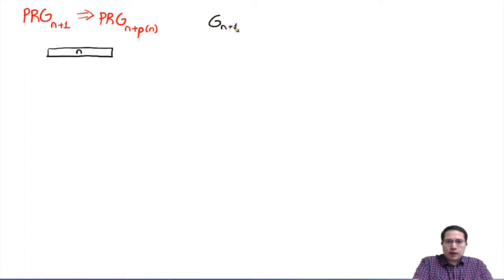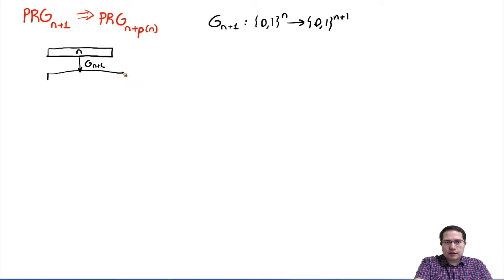Let's say our n plus 1 bit PRG is called G_{n+1}. So its domain is n bit values and its range is n plus 1 bit values. Now using this, we will run this once. So let's run G_{n+1} on this n bit random value. What will it give us?